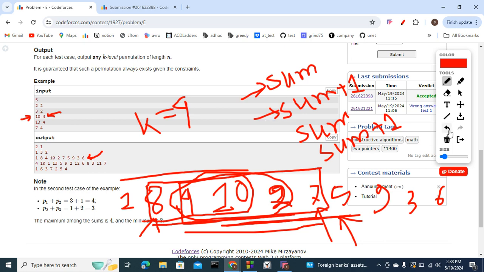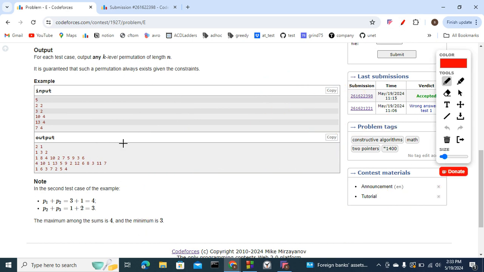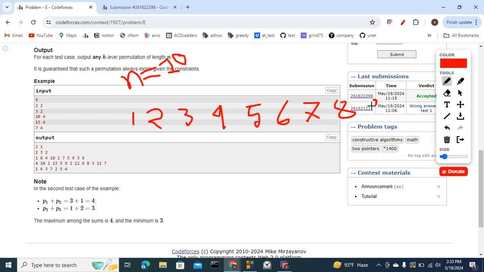Now if we try to see more properly how it is working, here n equals 10. So we have 10 elements: 1, 2, 3, 4, 5, 6, 7, 8, 9, 10. Now 1, 8, 4, 10.